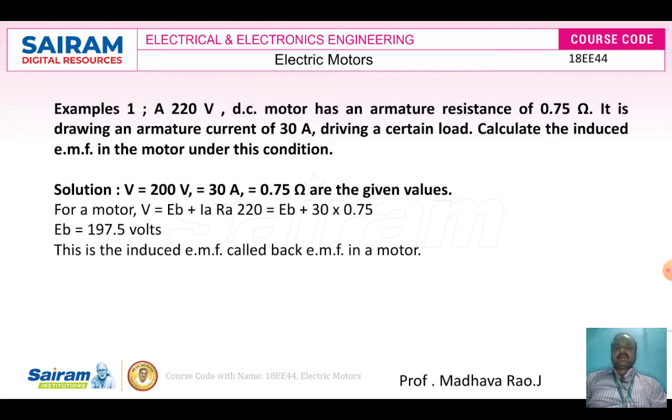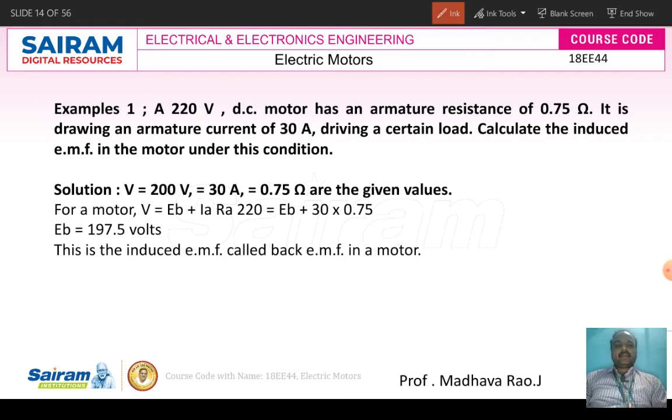It is drawing an armature current IA of 30 amperes, driving a certain load. Calculate the induced EMF in the motor under this condition. So what we have to find out: induced EMF means EB, the back EMF, right?